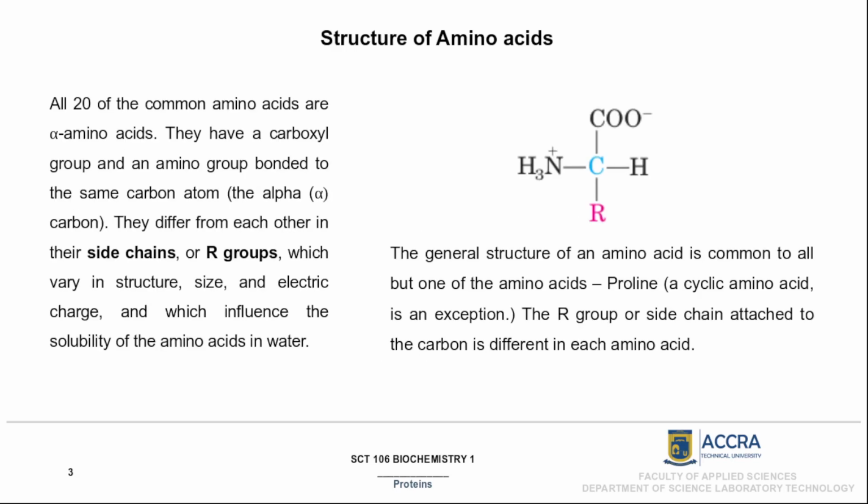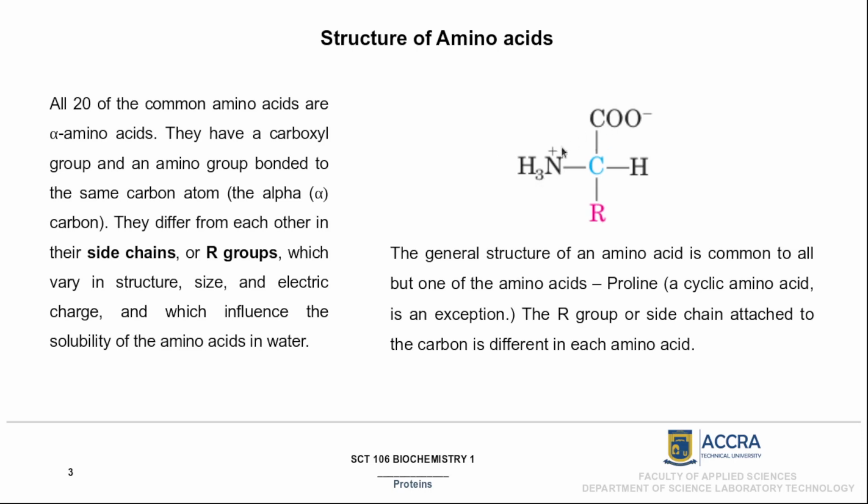Now, all 20 of the common amino acids are alpha amino acids. They have a carboxyl group and an amino group bonded to the same carbon atom. The alpha carbon that is shown in blue here, this central carbon, is the alpha carbon, to which you have a carboxyl group bonded and an amino group also bonded to the same carbon.